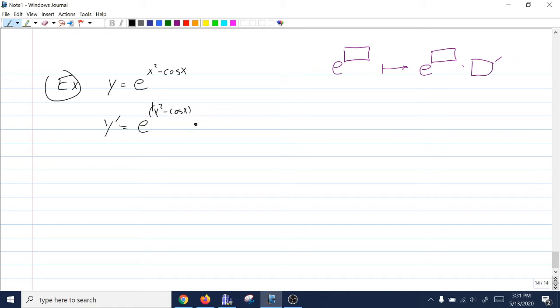Now I'm looking at x squared minus cosine x and asking, what's the derivative of that? Derivative of x squared is 2x minus the derivative of cosine, which is negative sine. Writing minus negative sine looks dumb. Minus a negative makes plus sine x. This needs parentheses because it's two things.